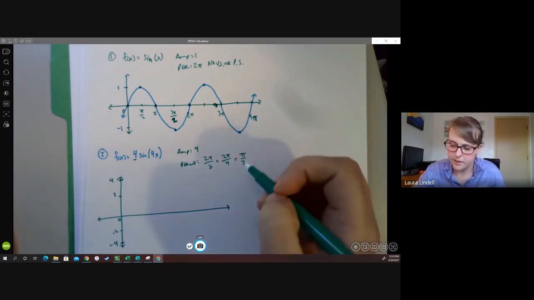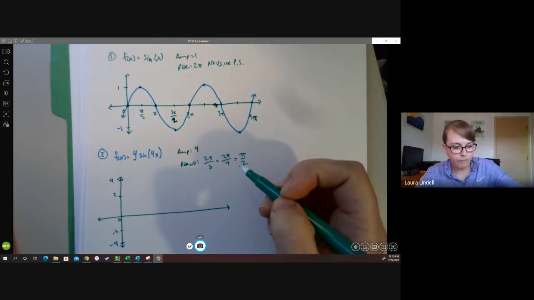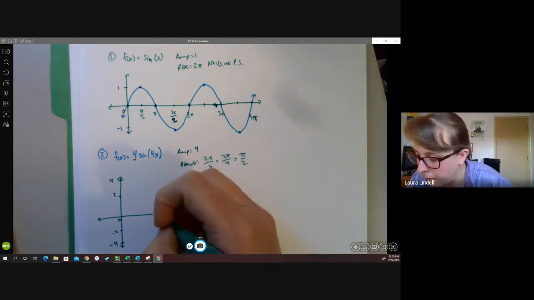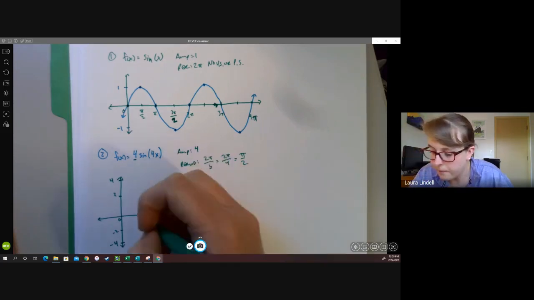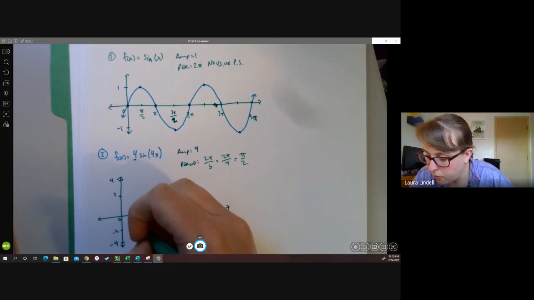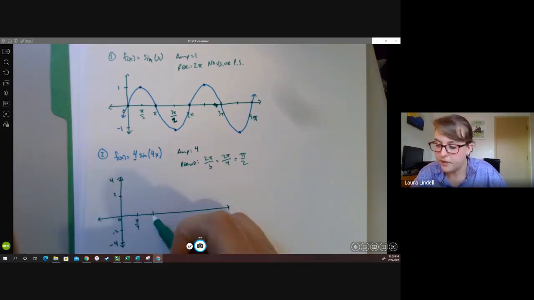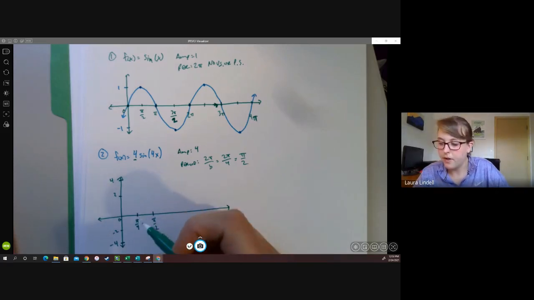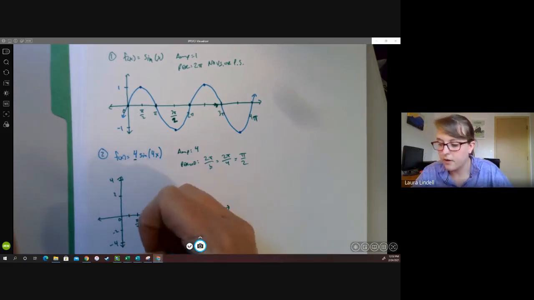And then we know, since the period is pi over 2, and it's got to complete a whole cycle in pi over 2, then at pi over 4, since that's halfway between 0 and pi over 2, that's the other place where it's going to hit the midline, 0. And then halfway between each of those, it's going to hit the peak and the trough.